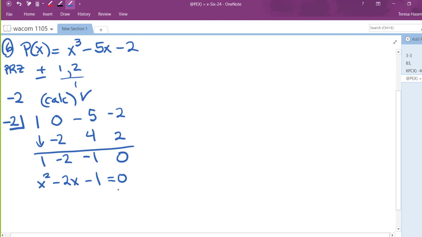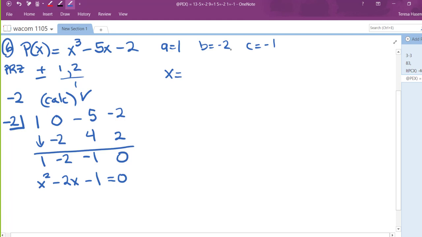That'll be better for us because we can go ahead and do our quadratic formula over here. We want to solve this to find the other 2 zeros, and it will not factor. We already know that. So our A is going to be 1, B is negative 2, and C is negative 1. So quadratic formula, x is equal to negative b.